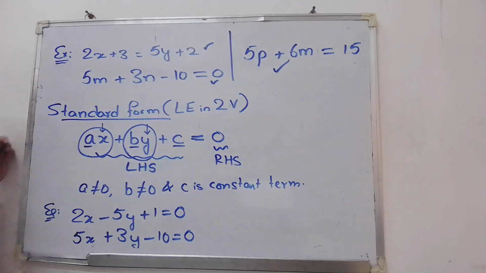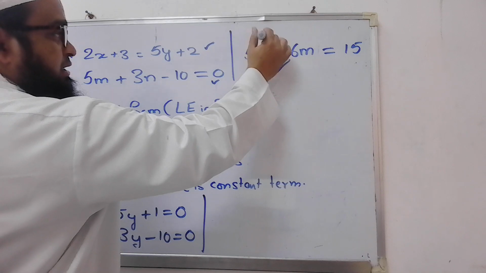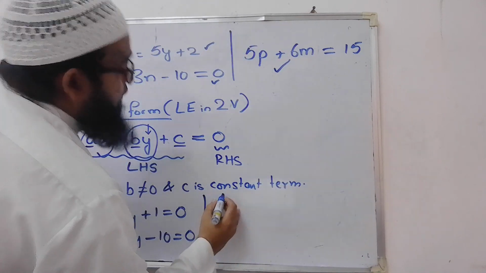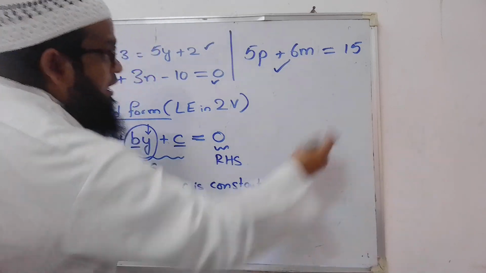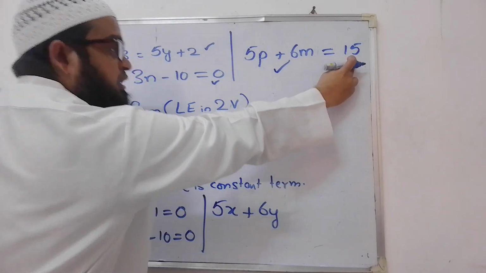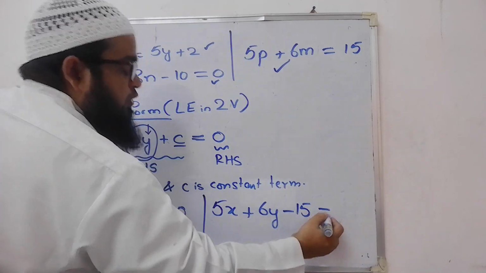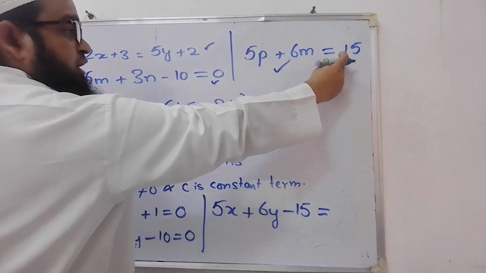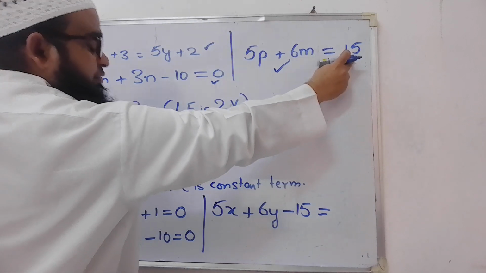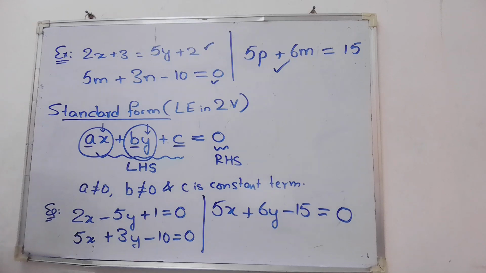In the same way, suppose for example, instead of p and m, let us take x and y. It will be written as 5x plus 6y, and 15 you have on the right hand side. If I transpose, it becomes 5x plus 6y minus 15 is equal to, and what is left out here? It is 0. So this is the standard form of a linear equation in two variables.